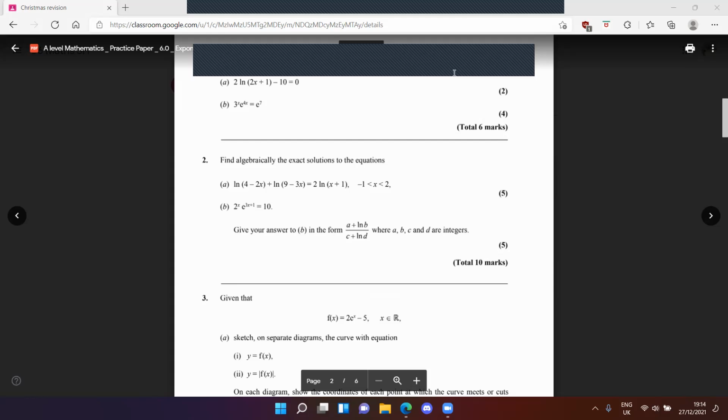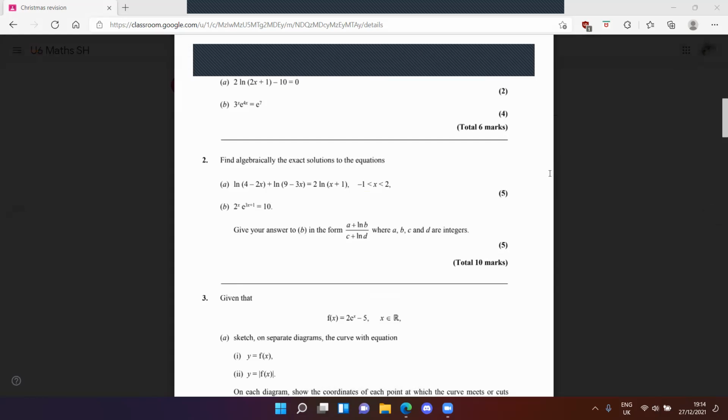Let me double check. Yeah, I got it. x is 7 over 2 and 5. I think I did it wrong because I got 3.5 and 5 basically.